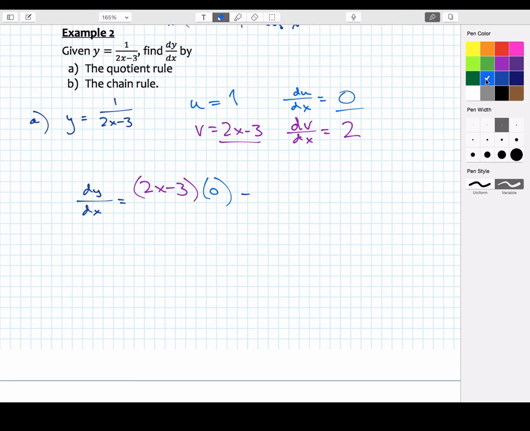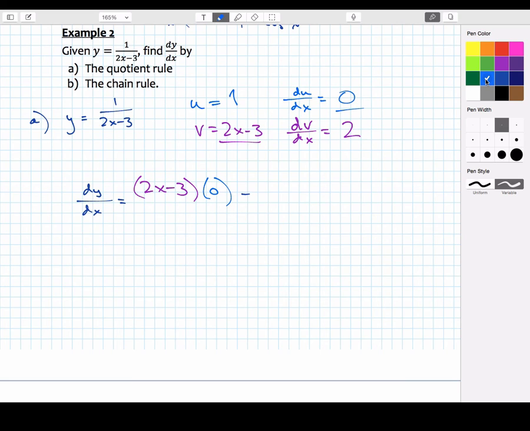That's different from the product rule. It is a little bit backwards. With the product rule we could technically write it backwards because it's got a plus in between and addition is commutative, but with subtraction you have to have the v first. It makes a difference. So start with the denominator.